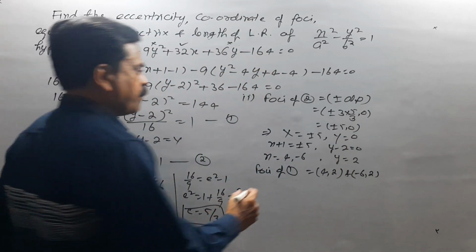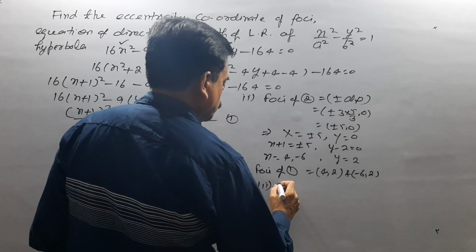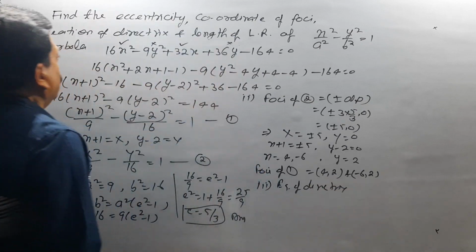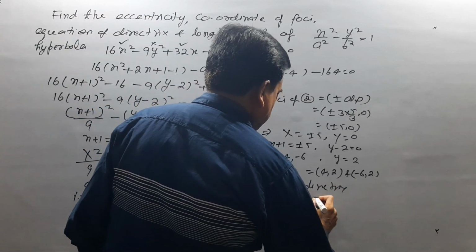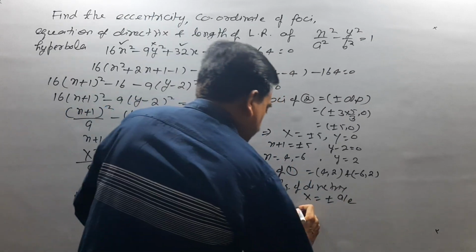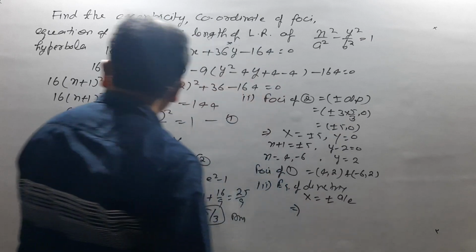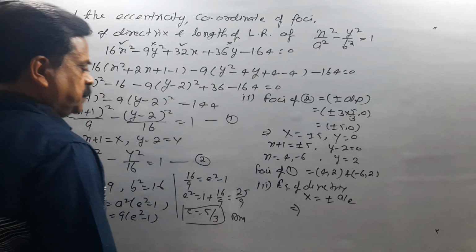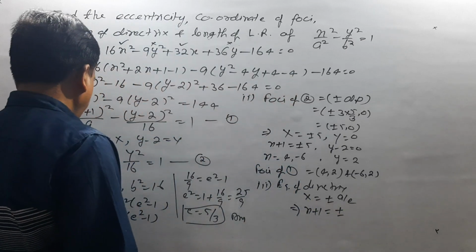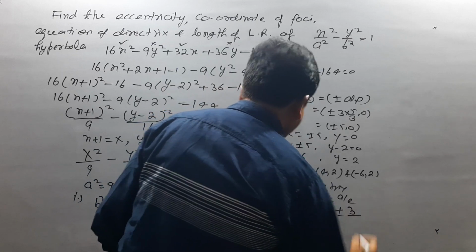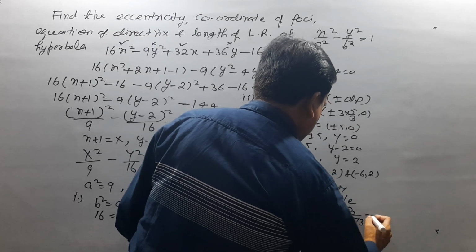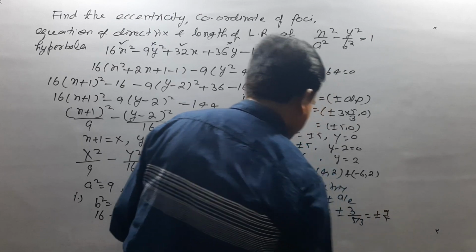Equation of directrix. Equation of directrix: we have capital X equal to plus minus a upon e, and capital X is small x plus 1, so plus minus, a is 3 upon e is 5 upon 3, or plus minus 9 upon 5.